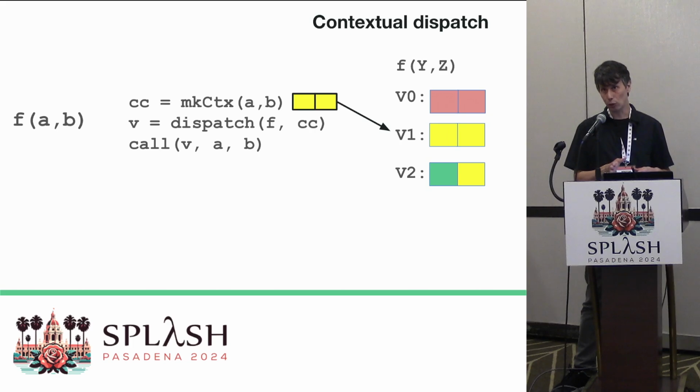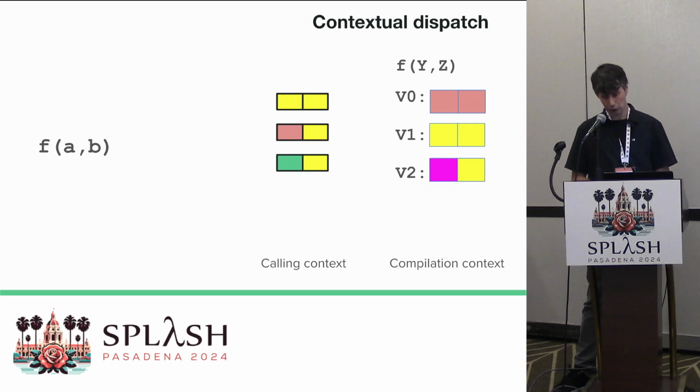We have a version compiled for yellow. We'll call it. The code snippet in the middle summarizes this dispatching mechanism. We inspect the arguments, we call it the calling context. We dispatch, which means we look up the right version, and then we call this version we found, passing in the appropriate arguments.